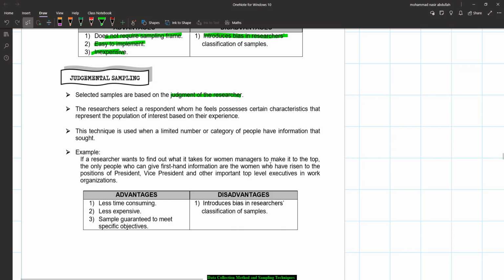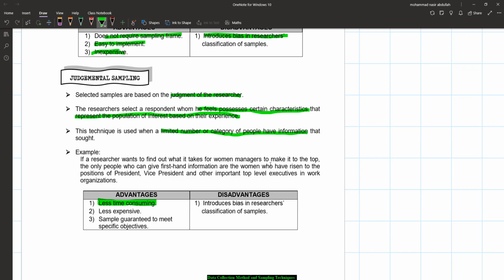So researchers select respondents whom they feel possess certain characteristics that represent the population of interest based on their experience, right? So this technique is used when a limited number of categories of people have information of that sort. Right, so the advantage is less time consuming. Sangat jimat masa lah.